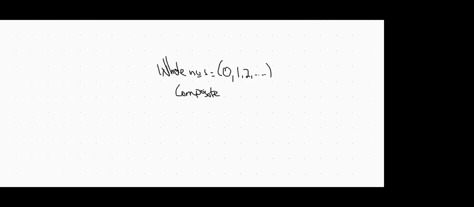Please, others, are you with us? So this is more or less like the direct opposite of prime numbers. Prime numbers, we said they are greater than 1 but have only 2 factors, and composite numbers have more than 2 factors.